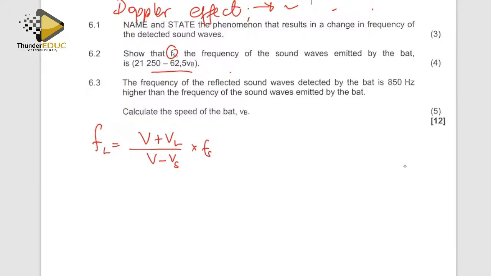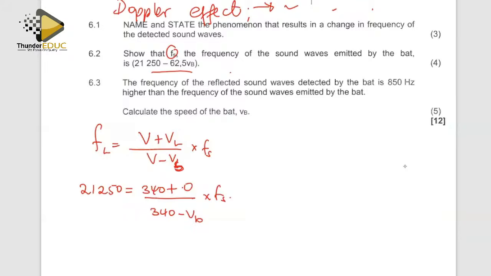Now, we know that the bat is the source in this case, and it's also going to be the listener. So our FL that we got was 21250, which is equivalent to 340 plus, if the listener is stationary, that's going to be a 0, over 340 minus VB, multiplied by the frequency of the source.